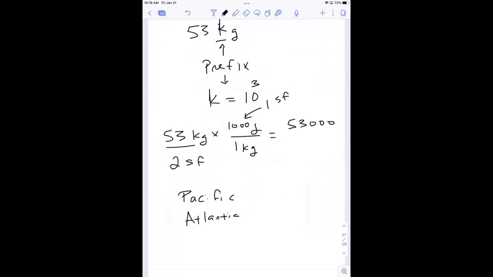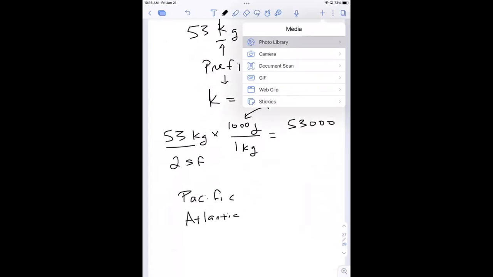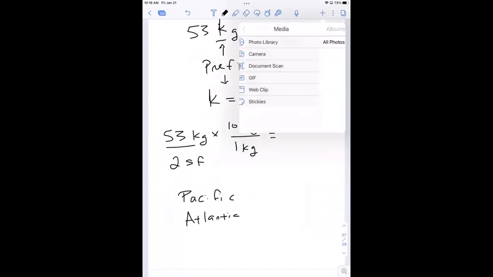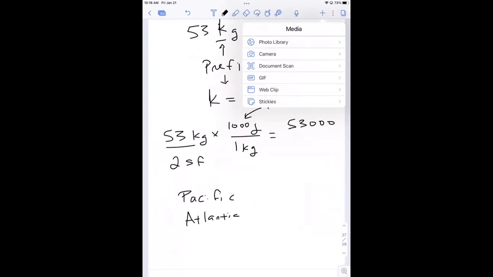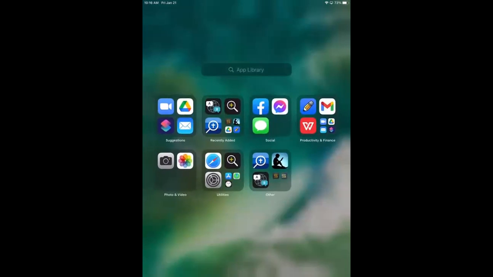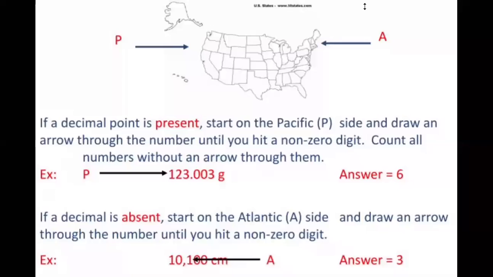Let me see if I can bring that picture in here. Hold up. Let me grab this picture and see if I can put it in this document just so I can show you what I'm talking about. Let me find my gallery. It's right here.